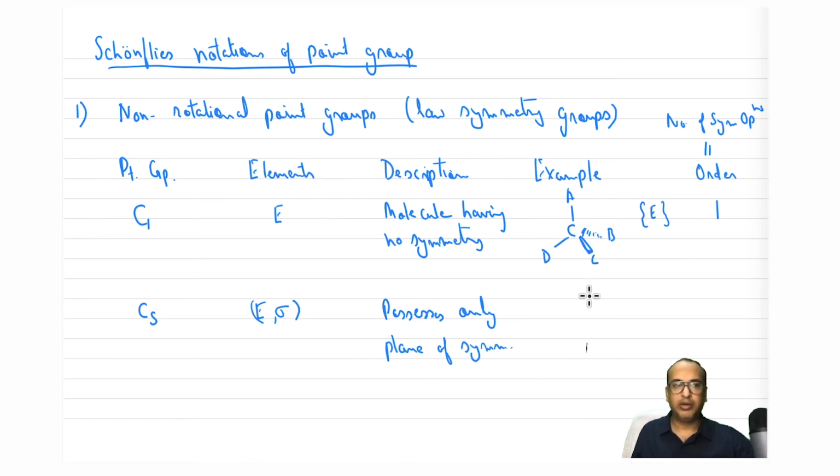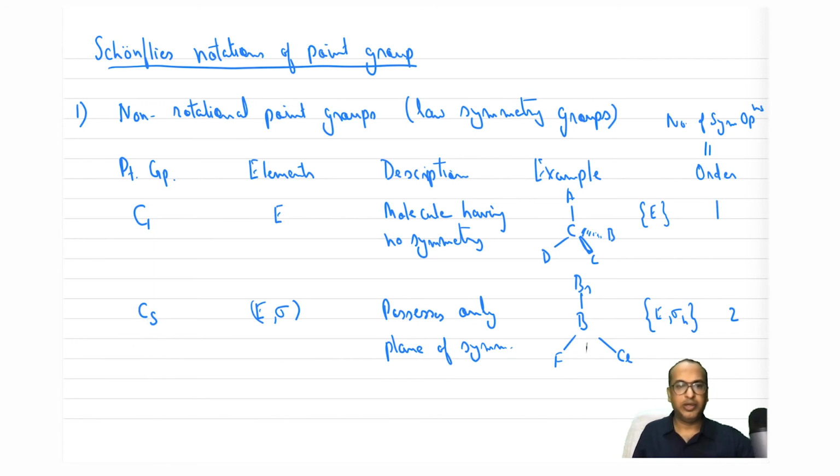An example you can take is one with Br, F, Cl, and this will be E and sigma h, and the order will be 2. So this is the Cs point group.